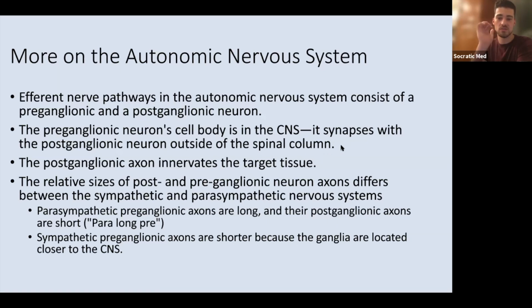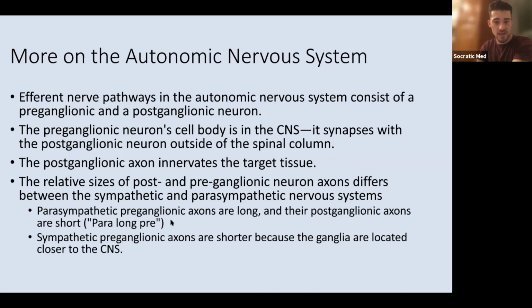So that's where that name comes from, and that's where those neurons synapse. The postganglionic axon innervates the target tissue. The target tissue is also known as an effector. And that gives the expected response after the postganglionic neuron gets the action potential over to the effector.